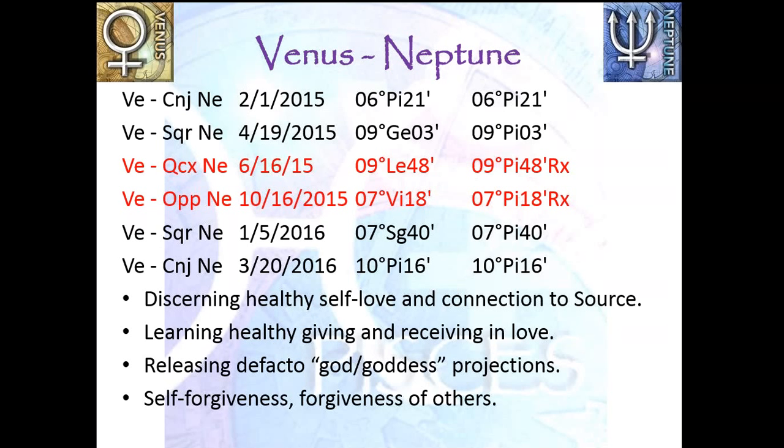Then when we do that, we are guaranteed disillusionment. And with Venus having an opposition to Neptune, this could be one of the things going on. Oh my gosh, my partner's not perfect. They're going to be saying the same thing about us. So can we have self-forgiveness and forgiveness of others?